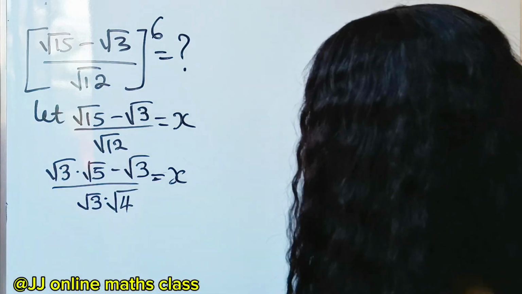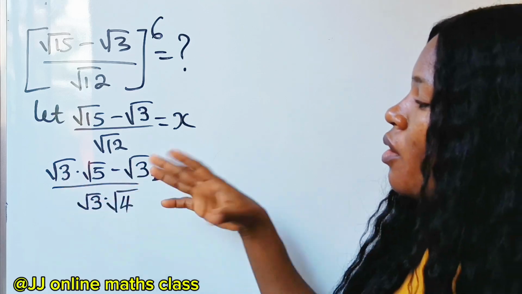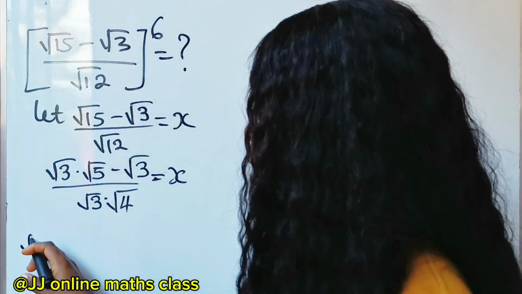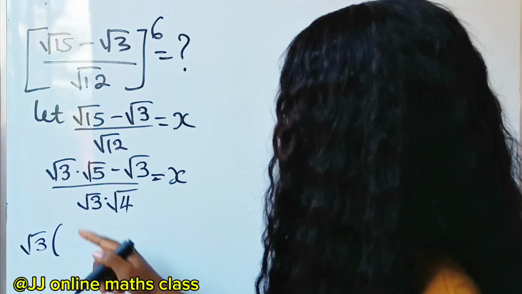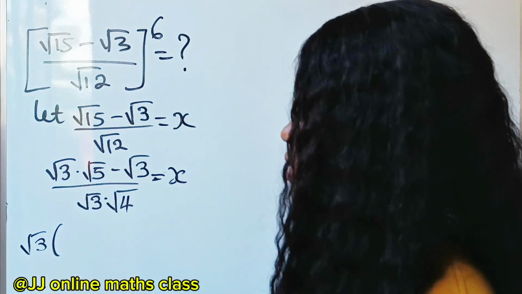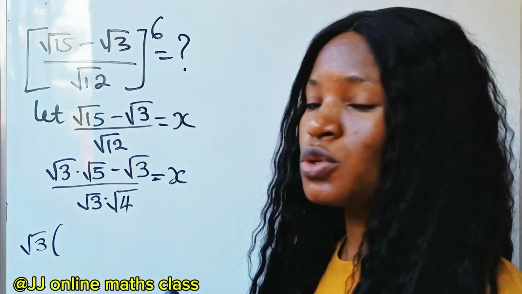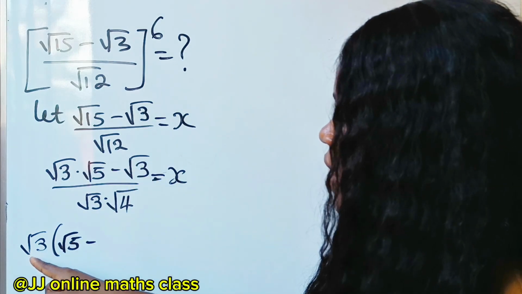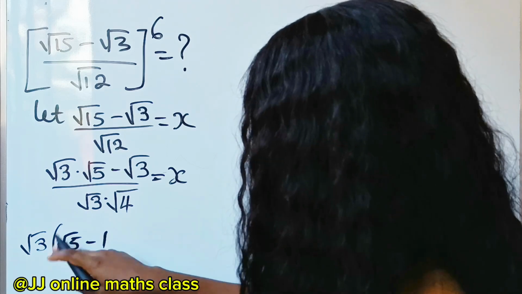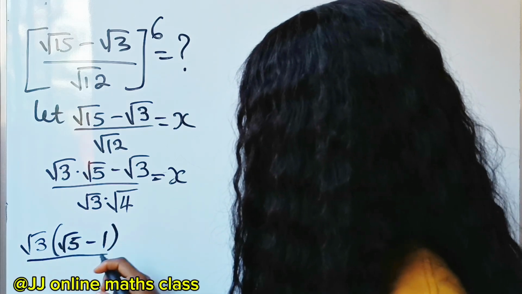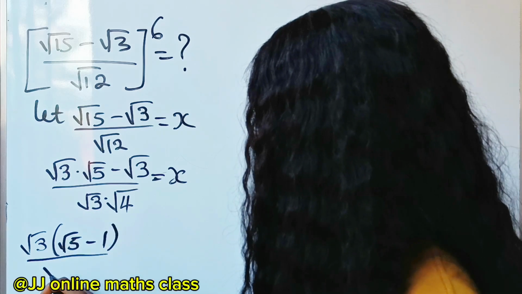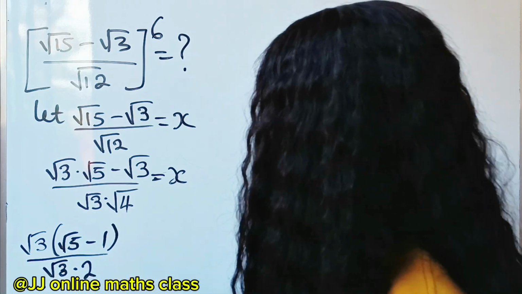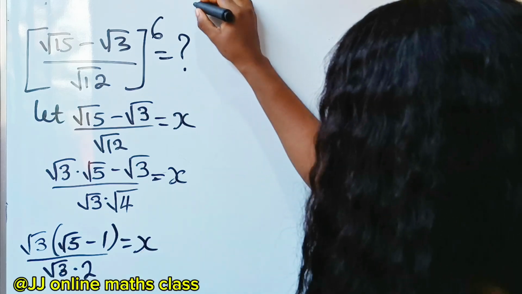All right. Now, when you look at this, we can factorize root 3 out from the numerator. So we can write the square root of 3 in brackets. When this is divided by this, we cancel this and we are left with root 5, right? So we have root 5 minus, when root 3 is divided by itself, we have 1, divided by root 3 multiplied by square root of 4, which is 2, and this is equal to x.